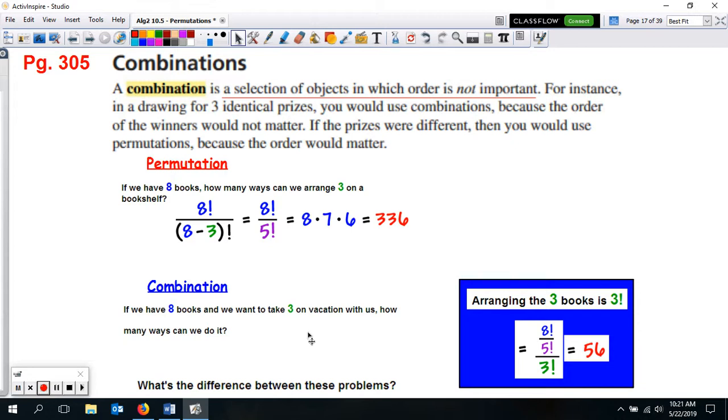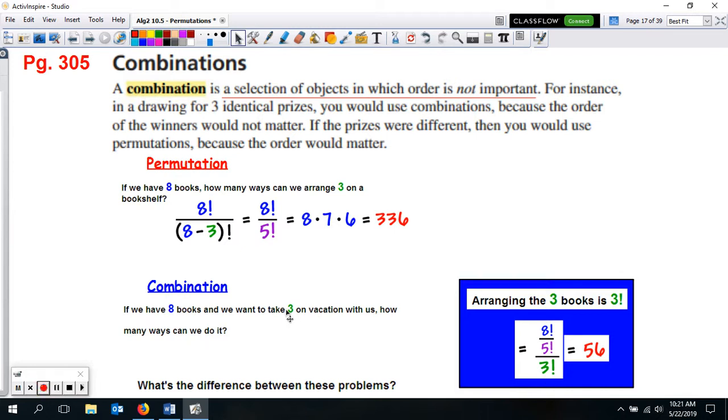So if there's no arrangement, then it doesn't matter the order that they go in. There is no order. One can be on top, one can be maybe underneath your socks, the other one can be stuffed somewhere else. So it doesn't matter the order. So in that case, we're going to take what we had here, the 8 factorial over the 5 factorial. That was the permutation. We're going to divide out the arrangement.